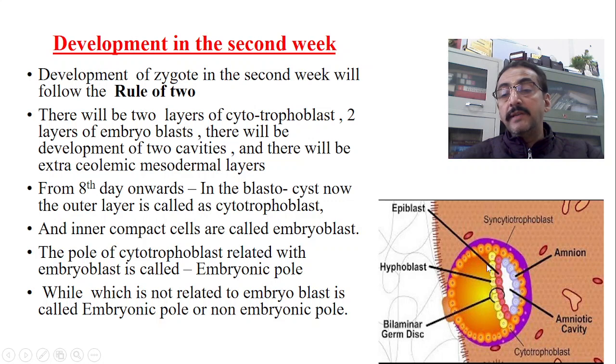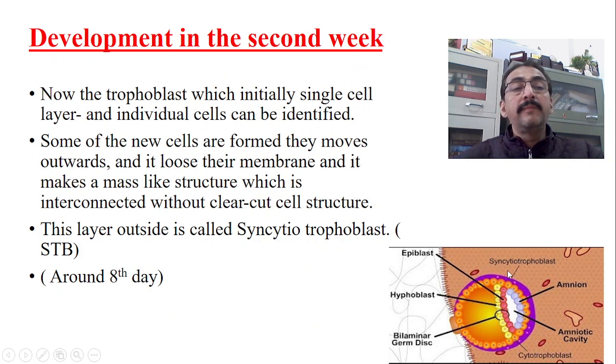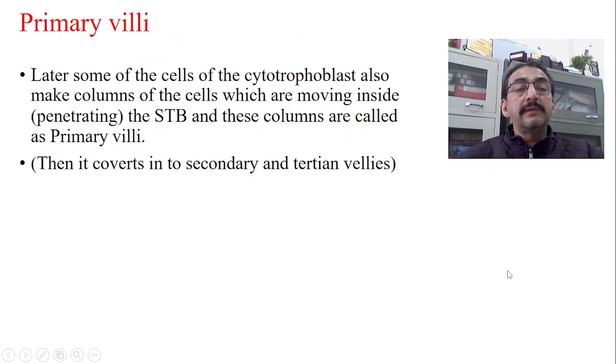Now some of the cells which are present above the epiblast are pressed to the sides, and as a result there is formation of a fluid filled cavity. So this is how this cavity is formed.